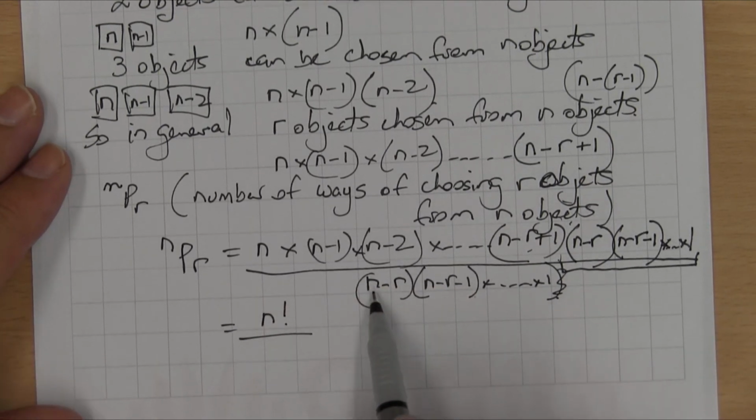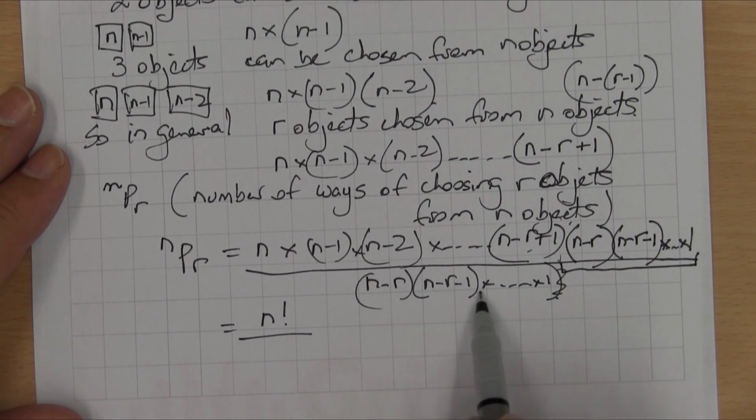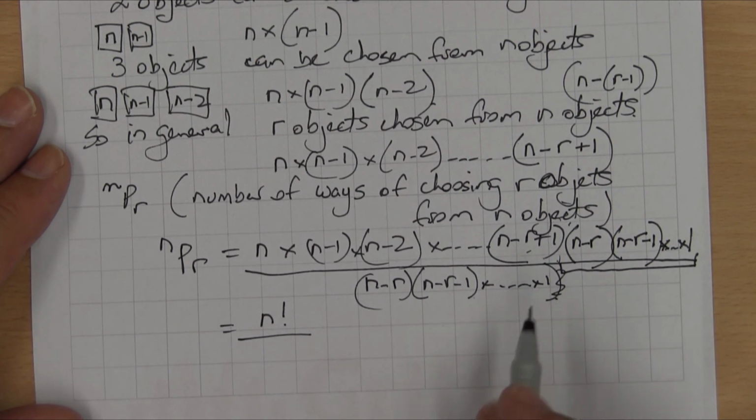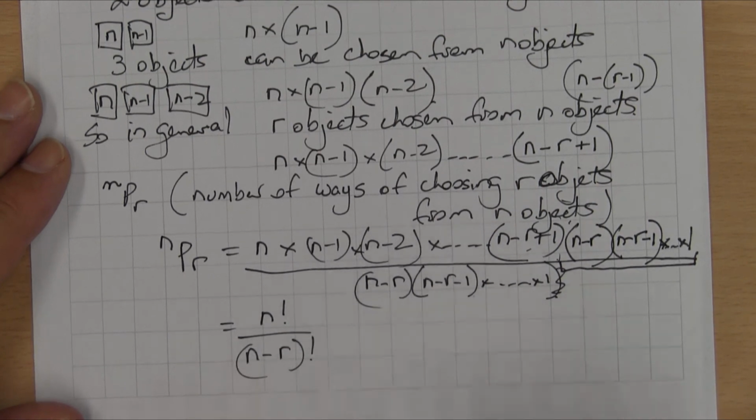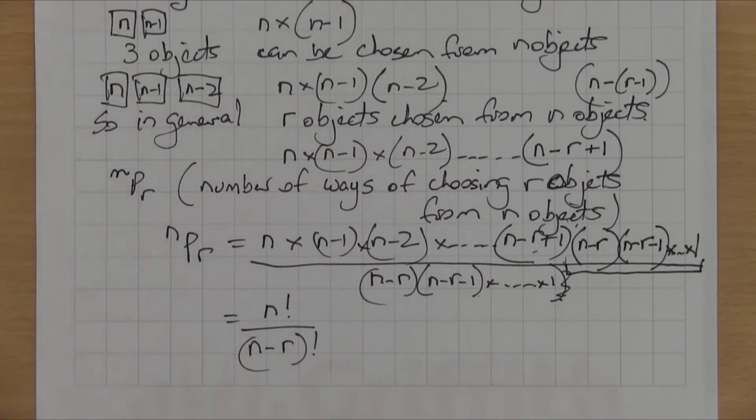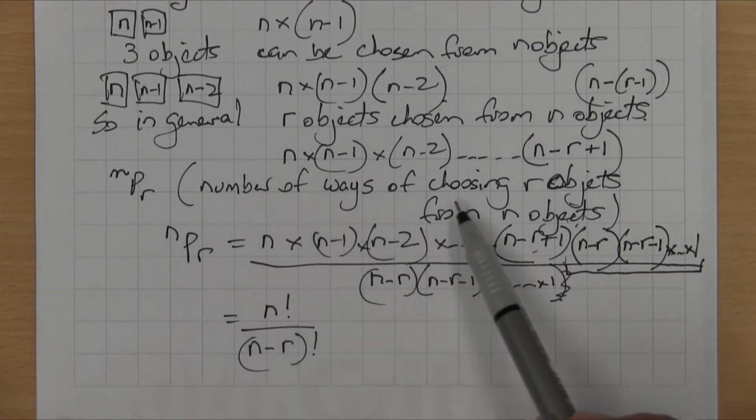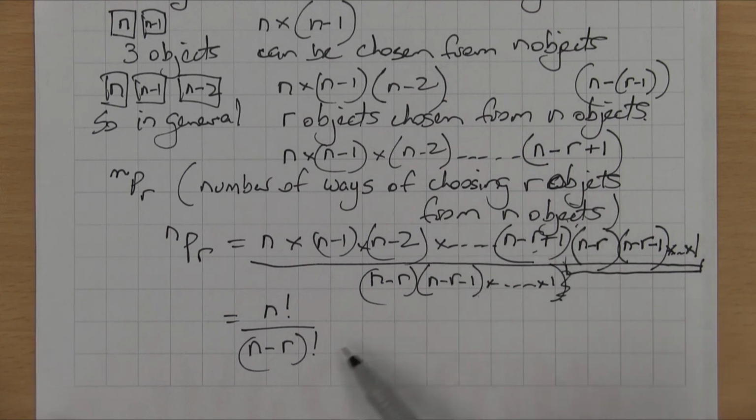And the bottom, this is n minus r, n minus r minus 1, so they are all the factors all the way down to 1. So that's n minus r factorial. Now that's a much easier formula for working out. So nPr is the number of ways of choosing r objects from n objects, and it's n factorial all over n minus r factorial.